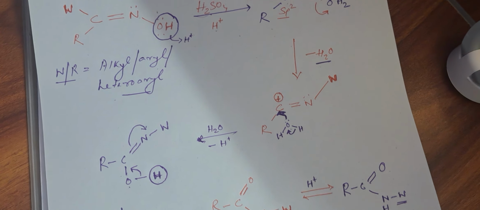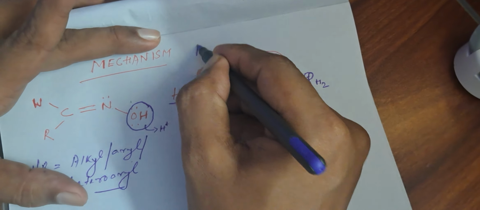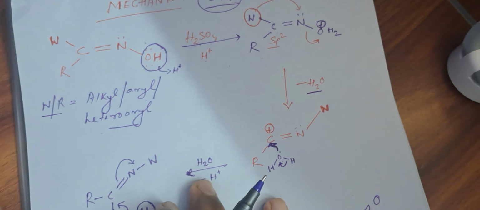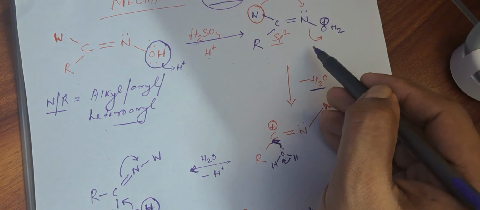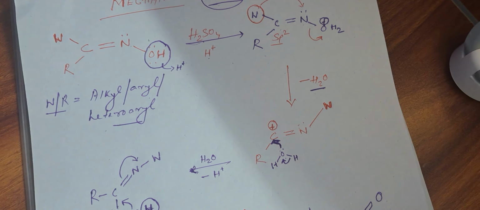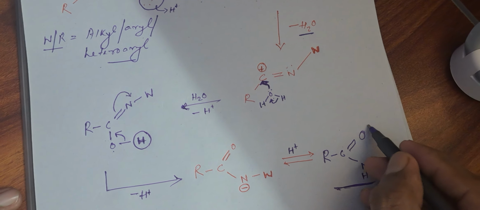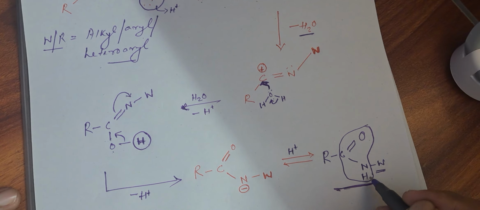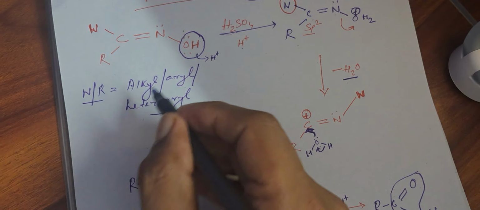Because we started the reaction with ketoxime, and the Beckmann rearrangement reaction is basically involved in converting a ketoxime into an N-substituted amide. This one is found to be the N-substituted amide. This is the amide linkage, RCONH, and in that NH, one hydrogen is replaced with W, and W corresponds to alkyl.